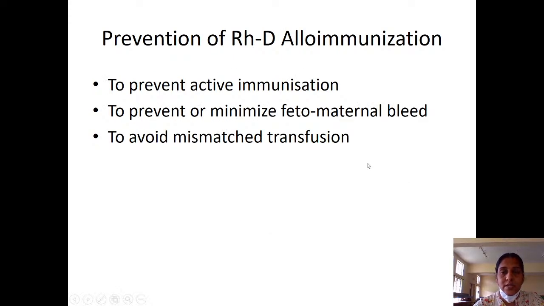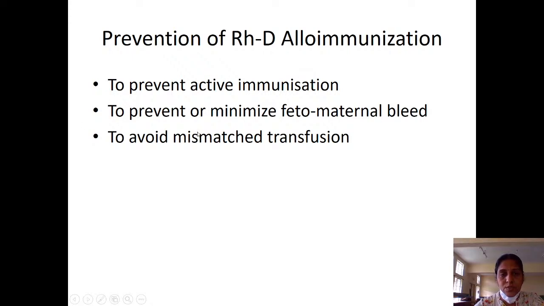How to prevent this Rh isoimmunization? There are three ways. First thing, we have to prevent active immunization. If the Rh antigen has entered into the pregnant woman's blood, the production of antibody against the antigen can be prevented by giving Rh anti-D immunoglobulin. It prevents the production of antibody and destroys the antigen, that is, preventing active immunization.